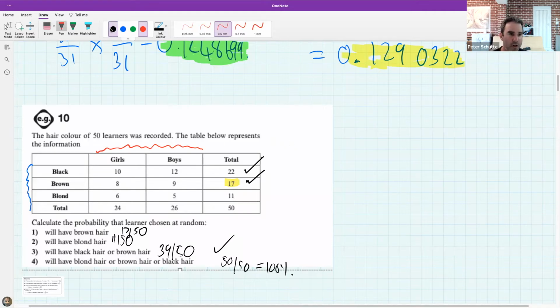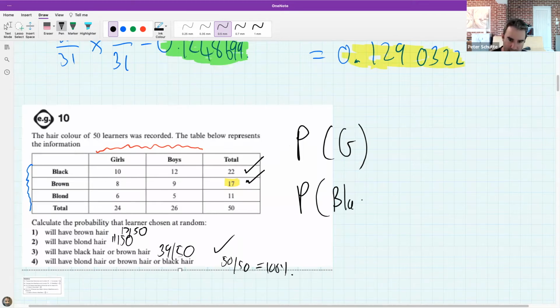I'm going to ask you the following question. In this table, what is the probability that a randomly chosen person is a girl? And then I'm going to ask you to find what is the probability that a randomly chosen person has black hair. And I want you to work out that for me.